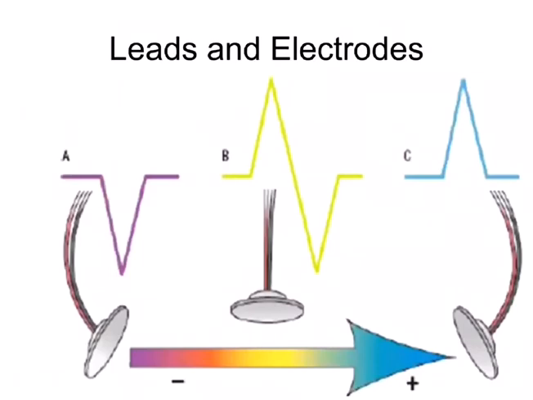Let us discuss the leads and the electrode system. We were saying depolarization, repolarization. What is depolarization? Depolarization is an increase in the positive charge inside the cells. And what is repolarization?